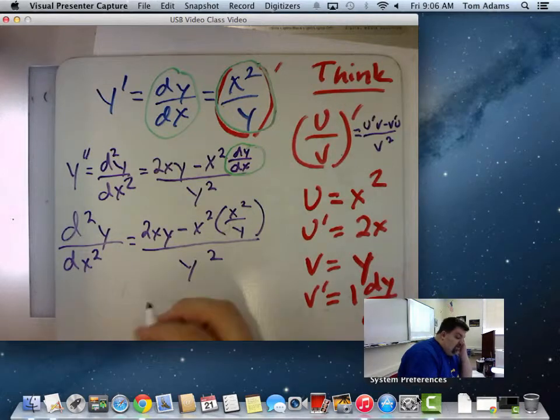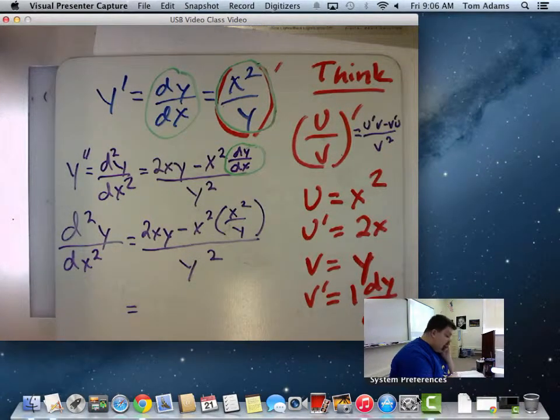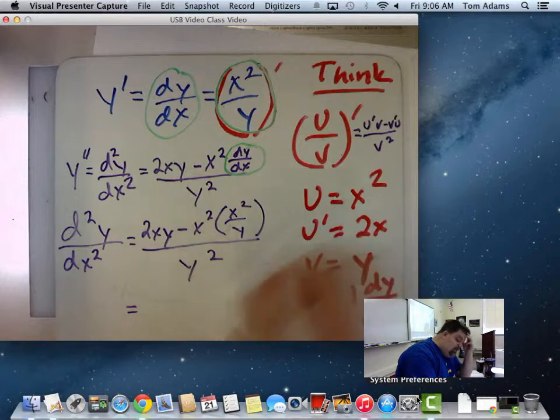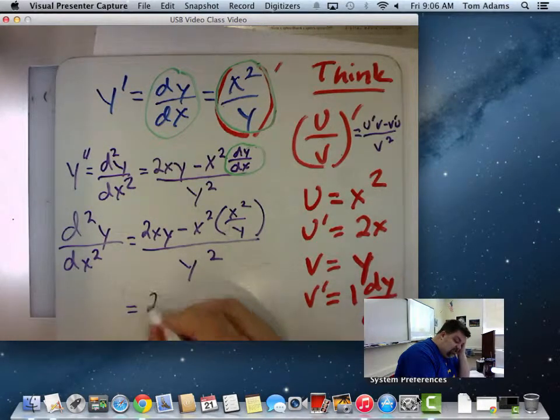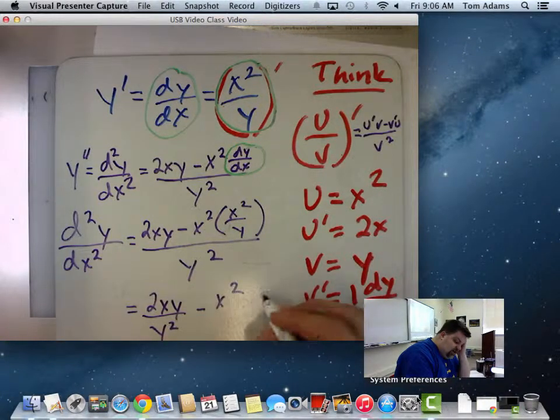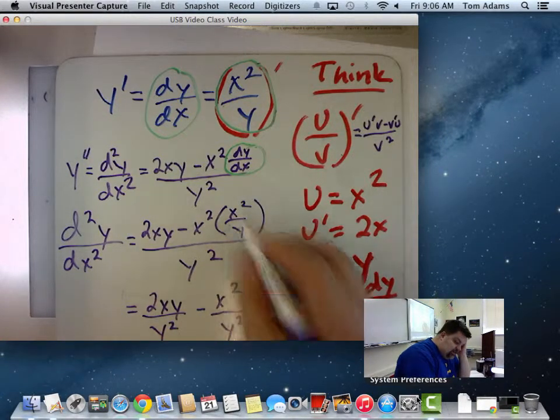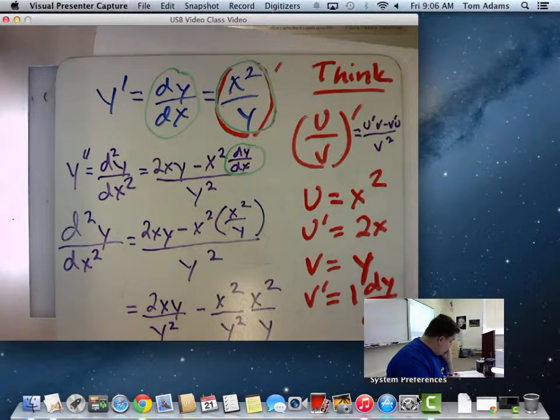And I suppose we could clean that up a little bit. There are a bunch of y's in there, so let's see what we could do to clean this up. I'm going to separate it and see if that makes it any better. So in other words, I'm going to say 2xy over y squared minus x squared times x squared all over y squared, and then this y comes down on the bottom.